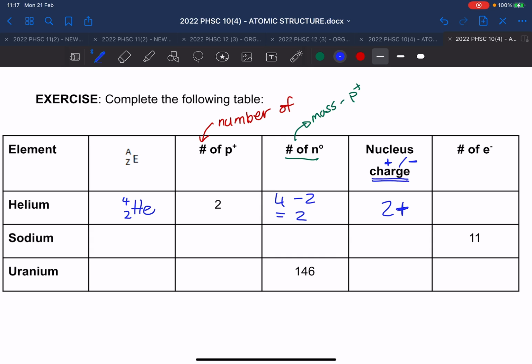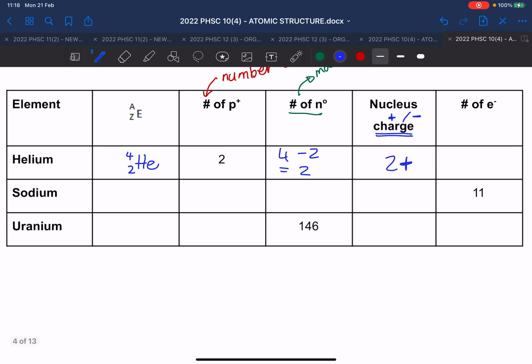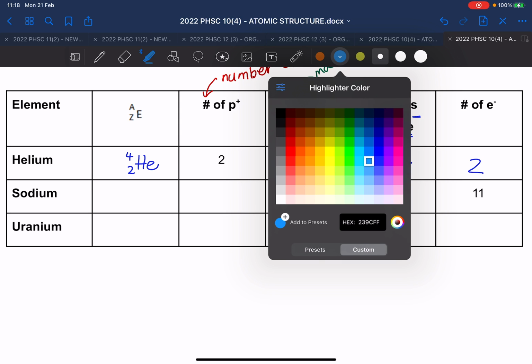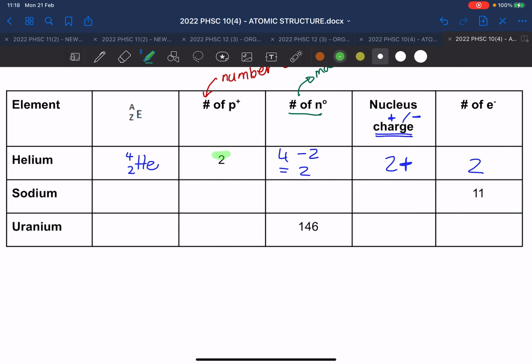So don't overthink it. And then how many electrons will it have? Why do you say 2? It's the same as the number of protons in a neutral atom.